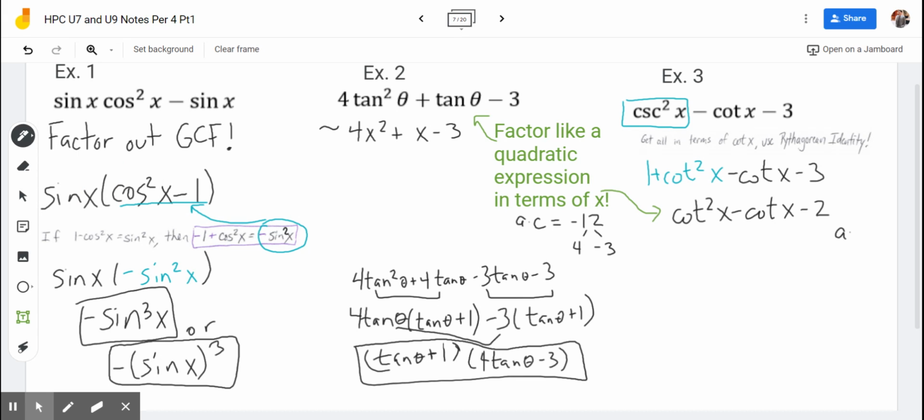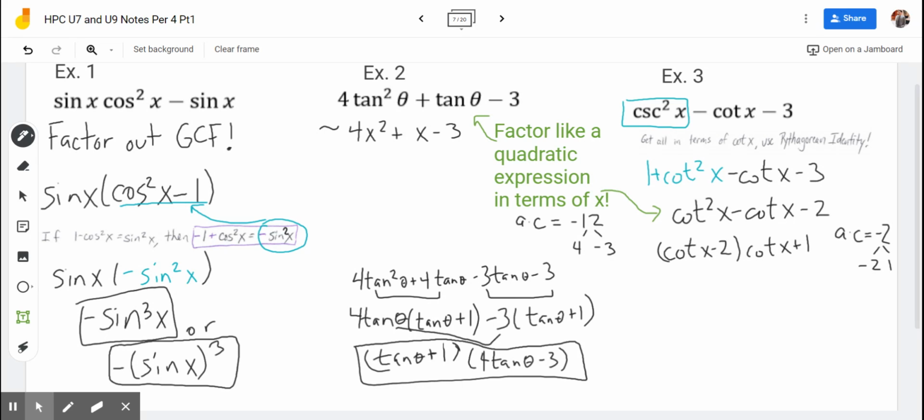For this problem, our coefficient a is technically 1, because it's 1 cotan squared, and our c value is negative 2. So we need values that multiply to negative 2 but add to negative 1, which are negative 2 and positive 1. Because our coefficient is 1, we can go straight to the final factored form without factoring by grouping. So it's cotan x minus 2 times cotan x plus 1.